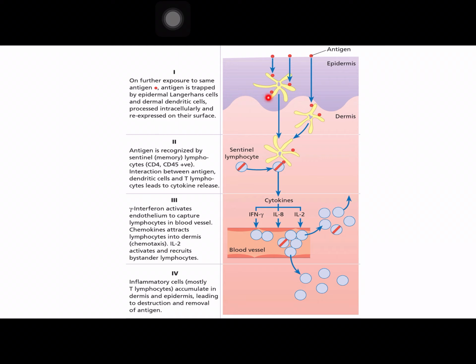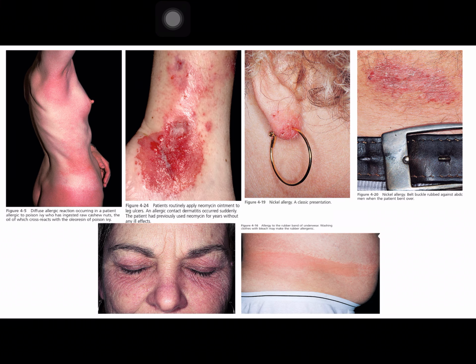The Langerhans cell bearing antigen interacts in the epidermis and the dermis, and the circulating antigen-specific lymphocytes lead to production of cytokines and an inflammatory reaction that induces the clinical picture in the epidermis.